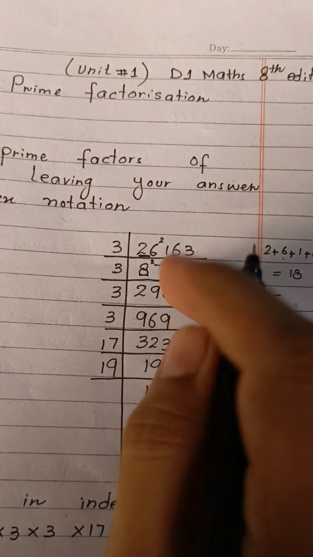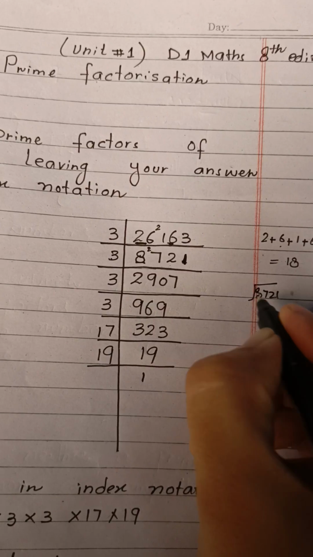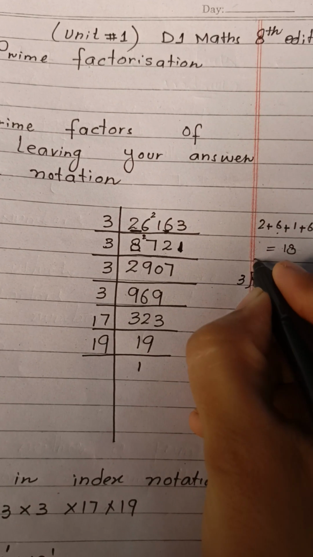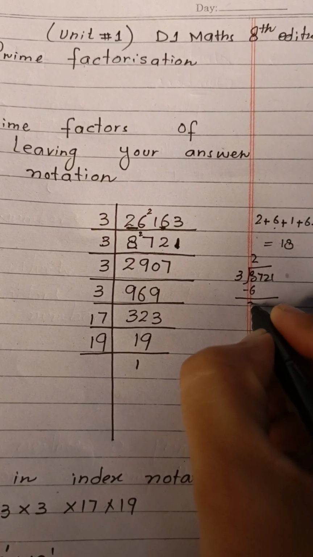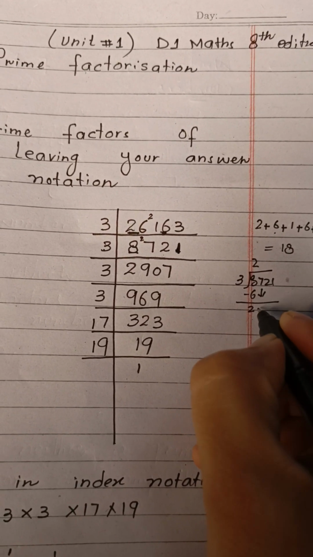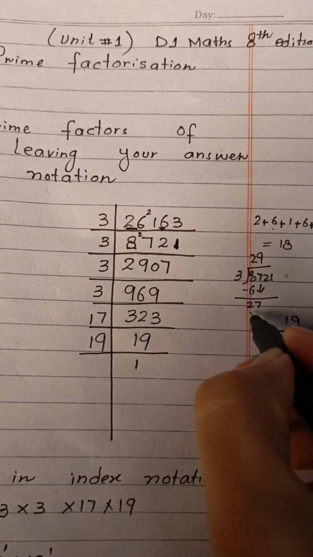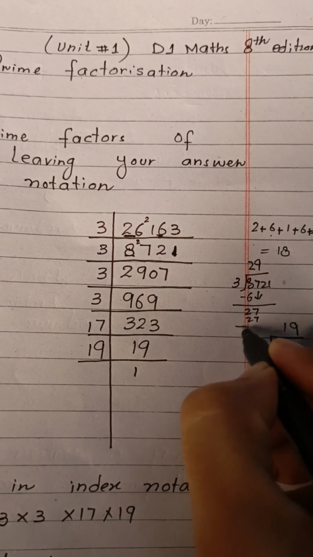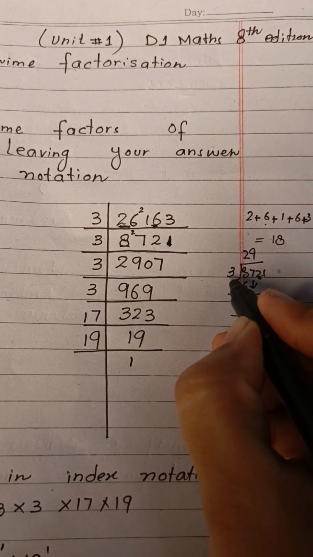Look at this: 8 7 2 1. When I divide it by 3, 3 2 times 6, right? 8 minus 6, 2. This 7 will come down. Now it is 27. 3 9 times 27. Right? Okay, after this 2 will come down, but 2 is smaller than 3.